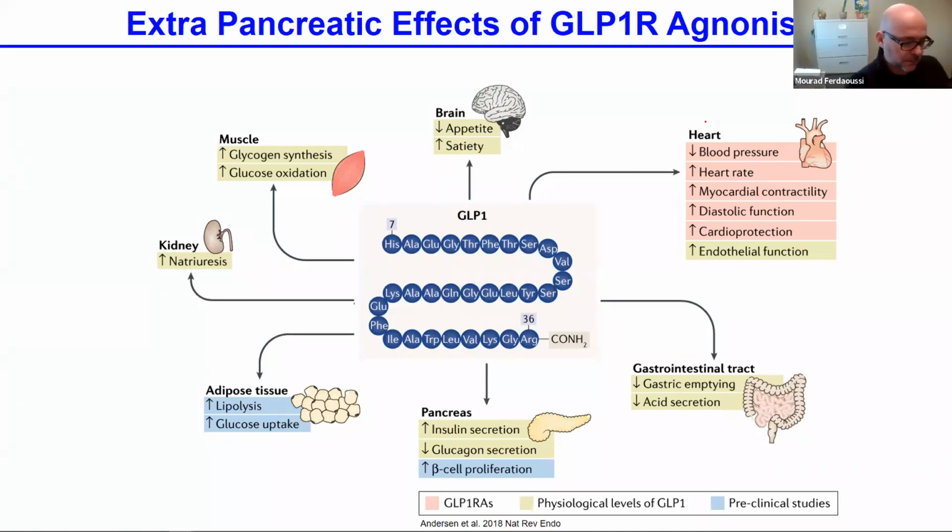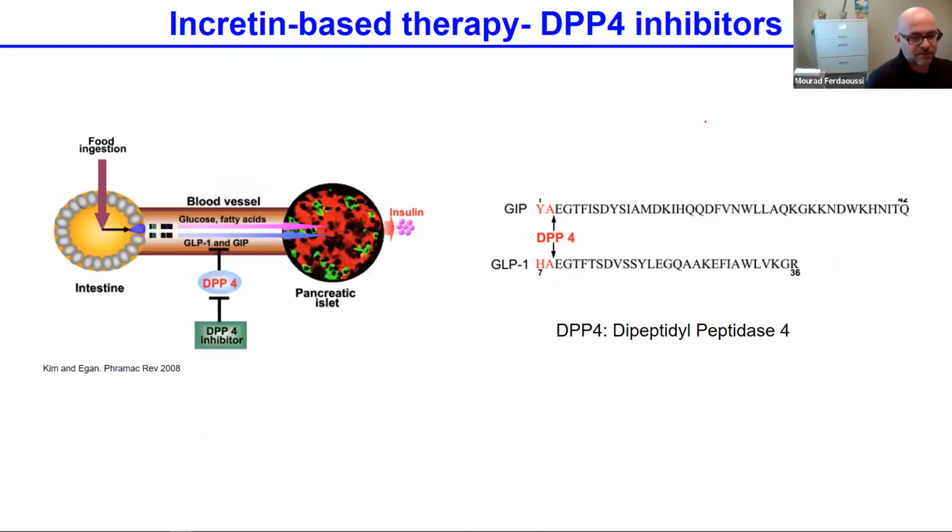So this is the first generation, or this is the first arm of the incretin effect. So the question then is why we cannot just inject our own GLP-1 to treat diabetes.